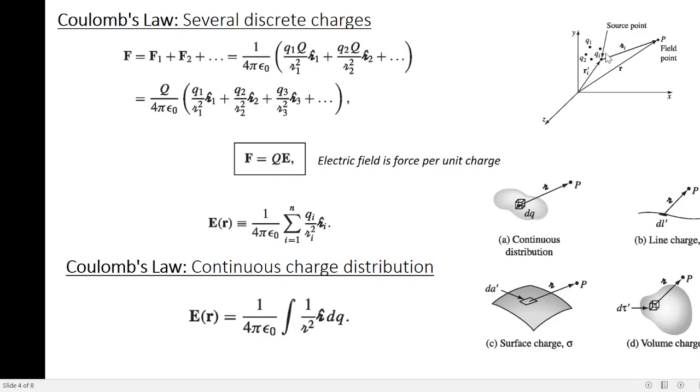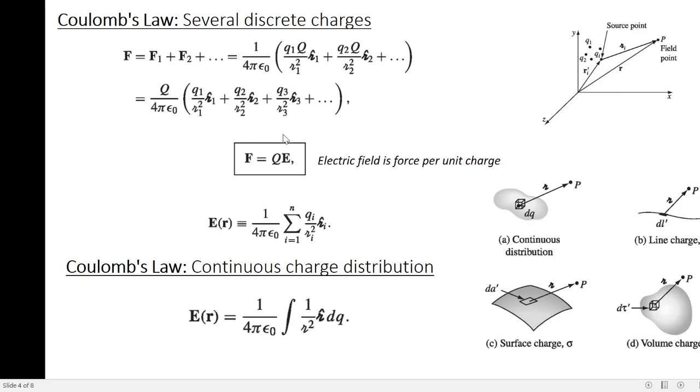Instead of a single charge, if you have a number of point charges q1, q2, q3, etc., what will be the total force experienced by the test charge? This will be simply a sum of all the individual forces F1, F2 all the way to Fn.